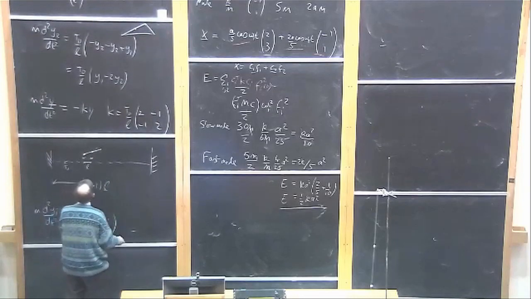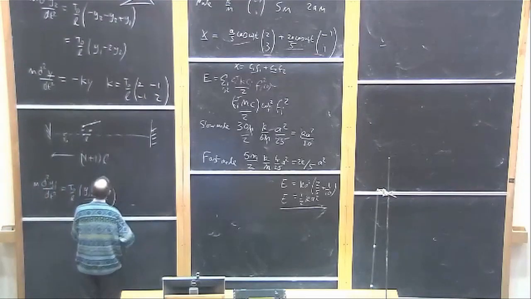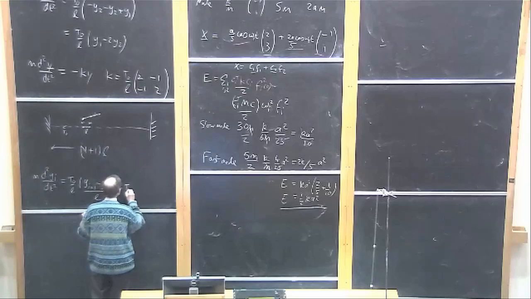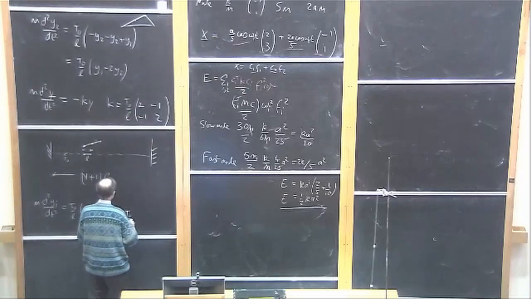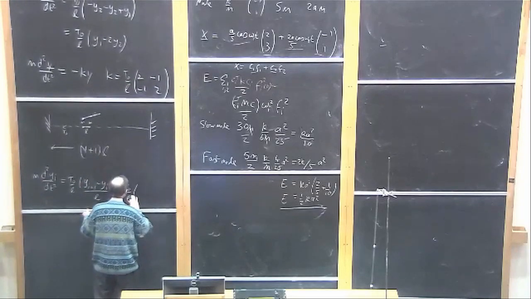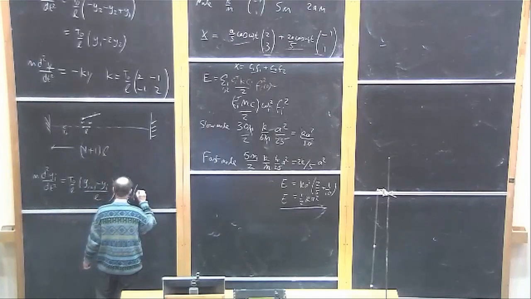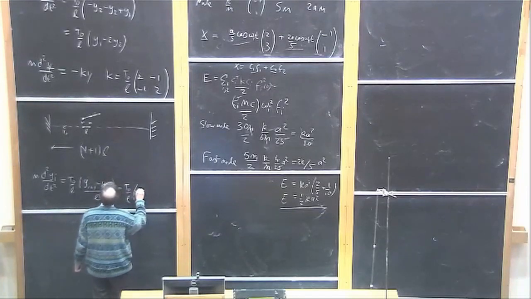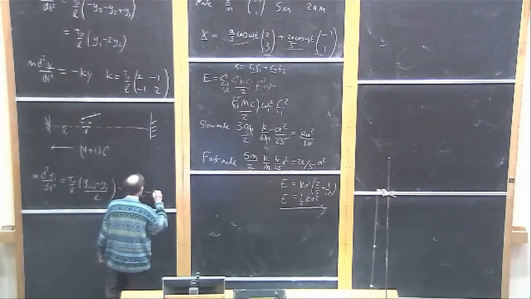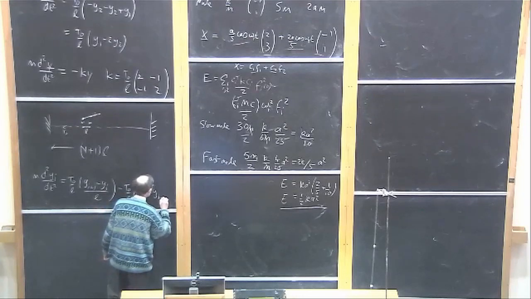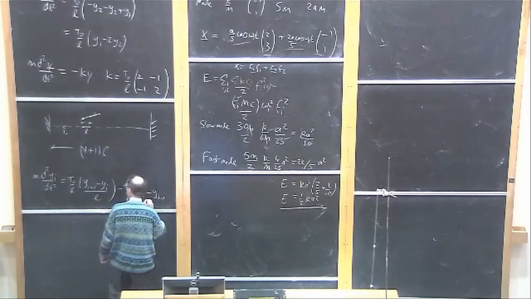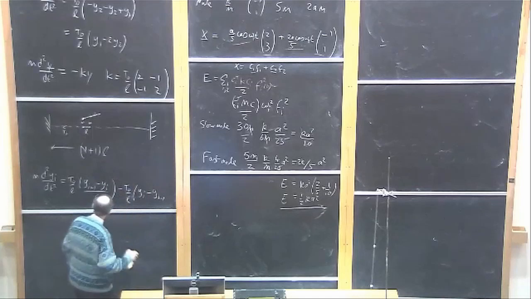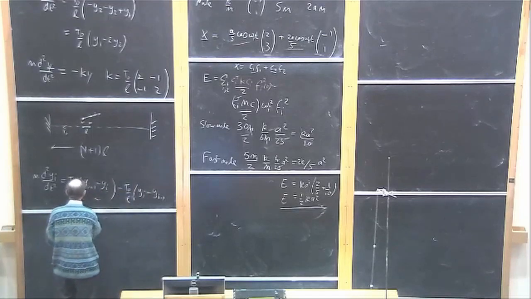And then there's a downwards force, as I've drawn it there, minus T naught over L times yi minus yi minus 1. I've written the L twice here, haven't I?